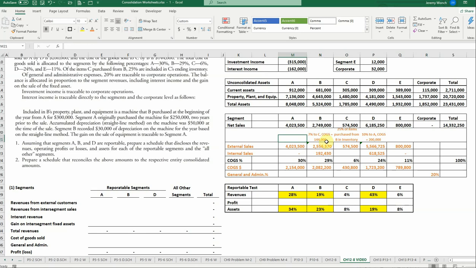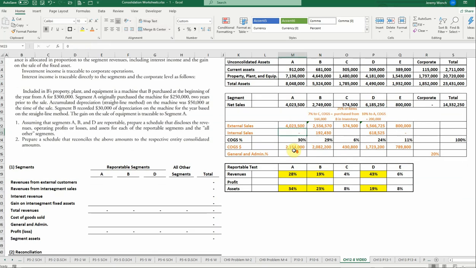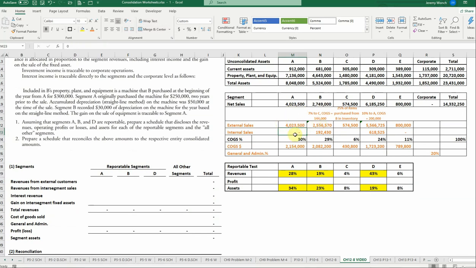Then it told us that 7% of B's sales went to C, and 10% of D's went to A. So based on that information, we can break that down between what's external and what's internal. So A did not sell to another segment, so that's all going to be external, none internal.